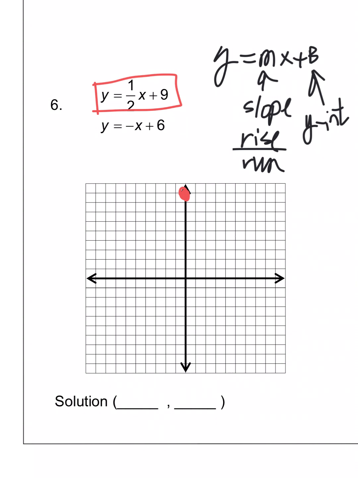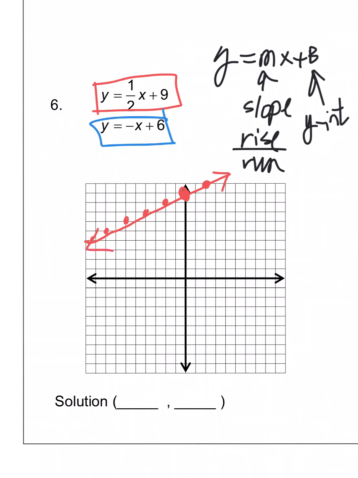So from the y-intercept, I rise 1, because that's how far I rise, and then I run 2, graph the point. Note, this is absolutely nothing new from what we did last semester. Given the fact that we're trying to look specifically for the intersection of the two lines, I would suggest doing more than one point like this, then graphing.